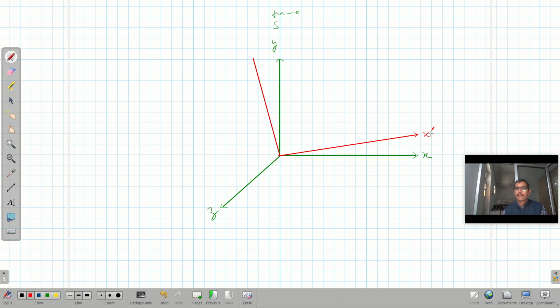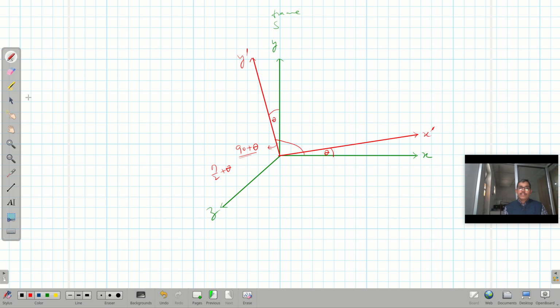So it is x prime, and say it is y prime, and say it is making an angle theta with the x-axis. So this angle is theta, then the whole of this angle is said to be 90 plus theta, right? Or in other words, you can call it pi by 2 plus theta, one and the same thing.